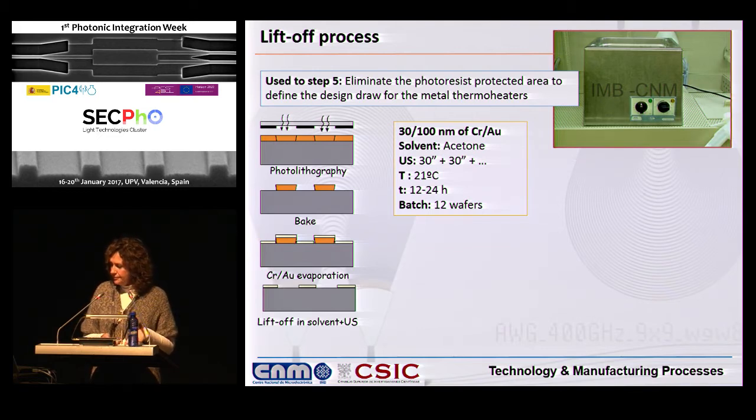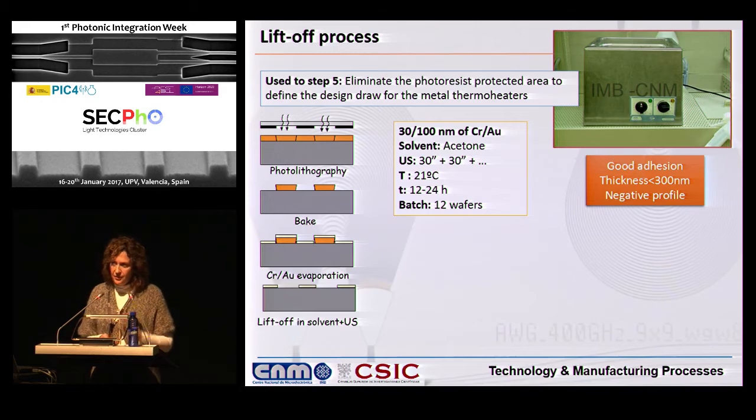Again, you have to consider three items in the lift-off process. You need a metal with good adhesion to the wafer. You need the thickness to be less than 300 nanometers because you have to leave enough room for the solvent to go through the photoresist and remove it.